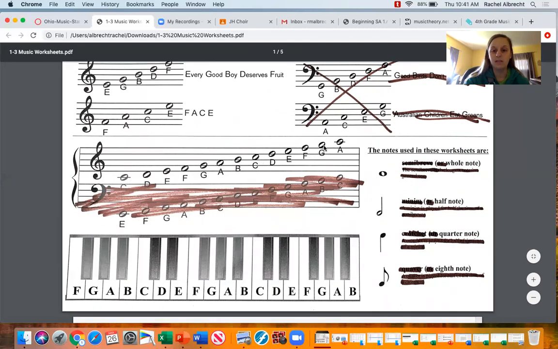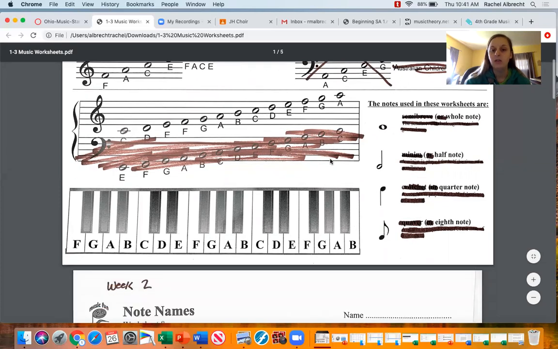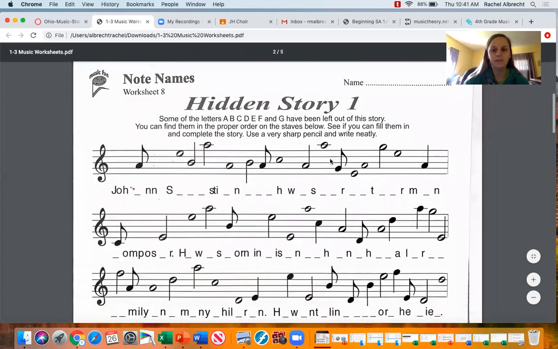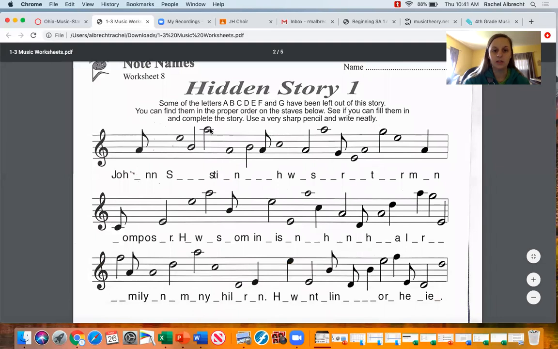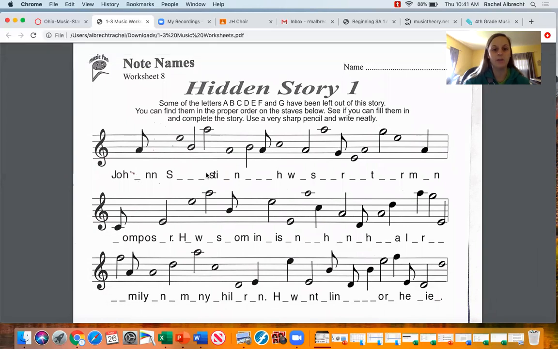This one is at the very top, A. It is above the staff and has a line going through it, not really touching the staff at all. So this note is A, the highest note that we know at the moment.